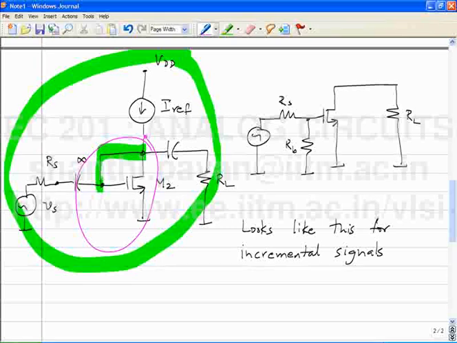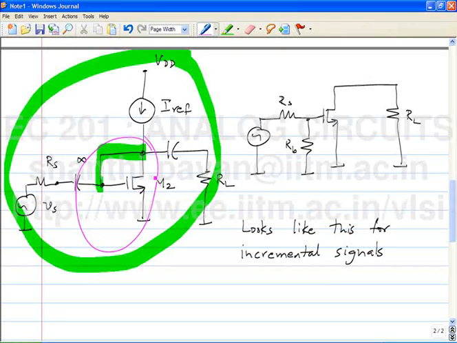So what is the incremental equivalent of this transistor when it's connected like this? We saw this yesterday. It's a resistor of value 1 over Gm. So what is the gain? When the drain and the gate of a transistor are connected together and the transistor is operating in saturation, the incremental resistance looking in from the drain is simply a resistor of value 1 over Gm.